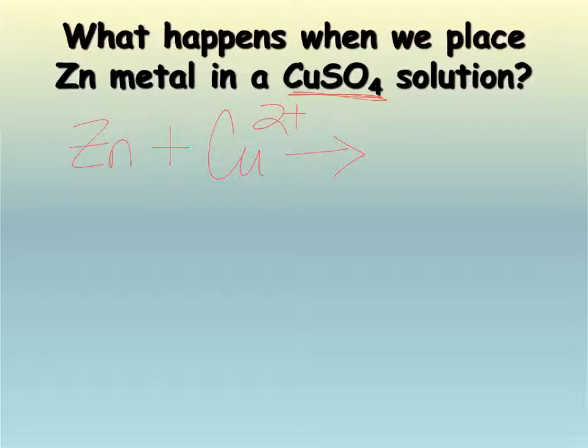So copper is going to gain 2 electrons, and zinc is going to lose 2 electrons. Okay, so we end up with Zn2 plus and regular copper. Now understand that your SO4 2 minus is still just hanging out in solution. In this case, it is a spectator ion.